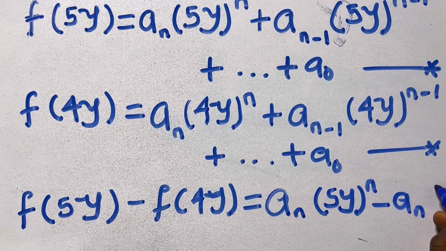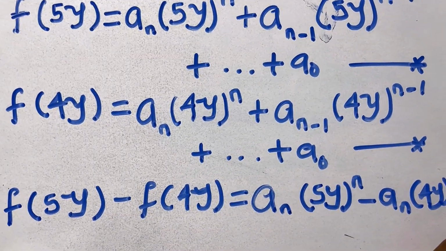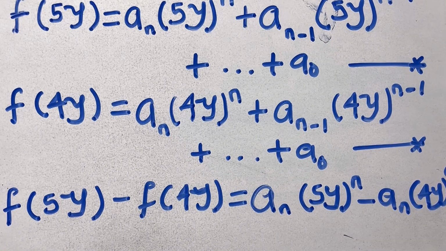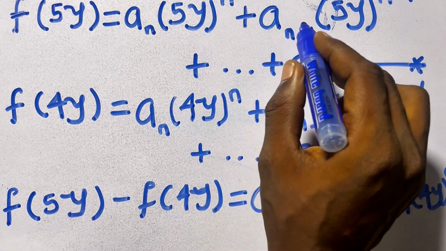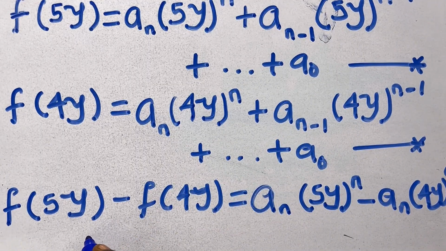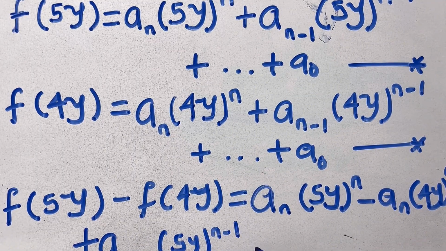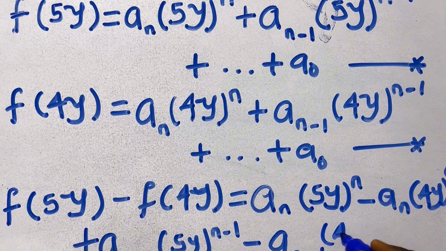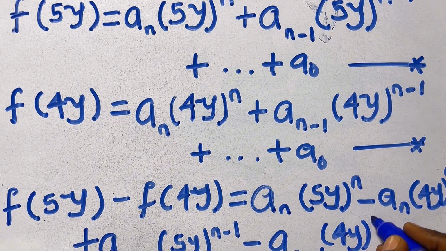Then we are going to have plus a subscript n minus 1, 5y raised to power n minus 1, minus a subscript n minus 1, 4y raised to power n minus 1.